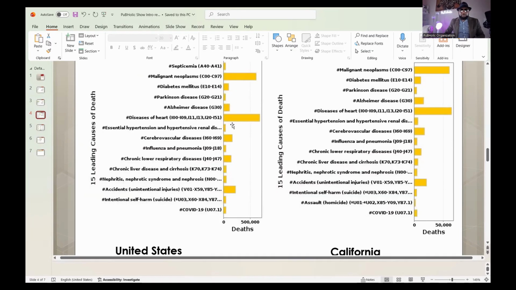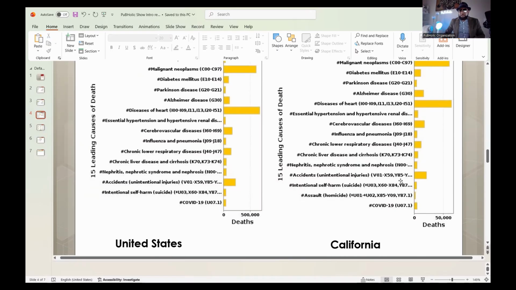But I also looked at the overall US leading causes of death and compared to California, which is where I live, California reflected a similar order, just like the overall US causes of death: heart disease, followed by malignant neoplasms.